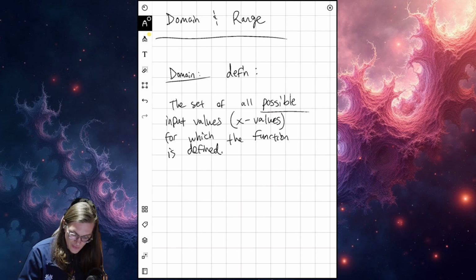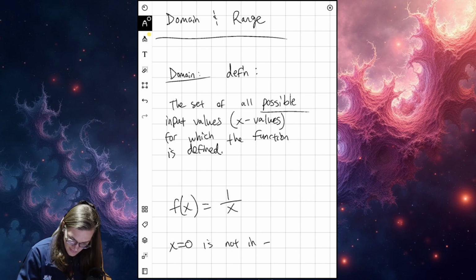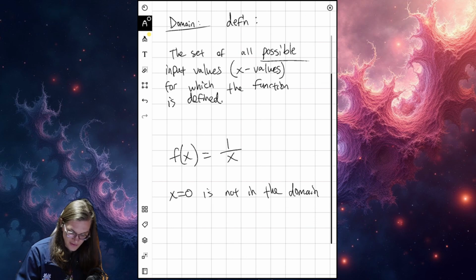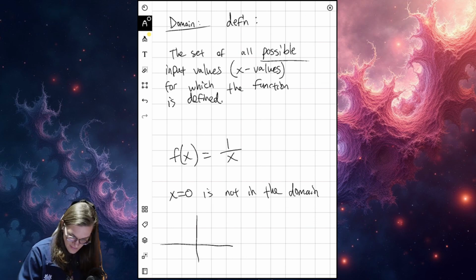If you have the function f of x equals 1 over x, then x equals 0 is not in the domain, because when you graph that function, you can actually see on the graph that there is no part of the function at x equals 0.